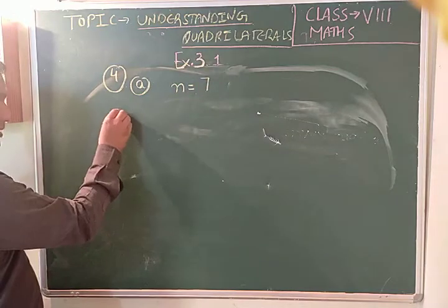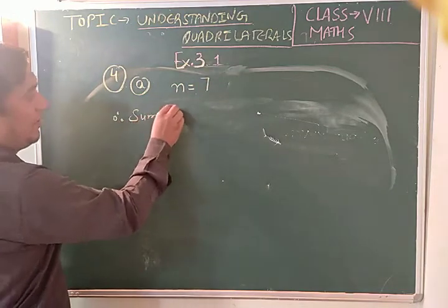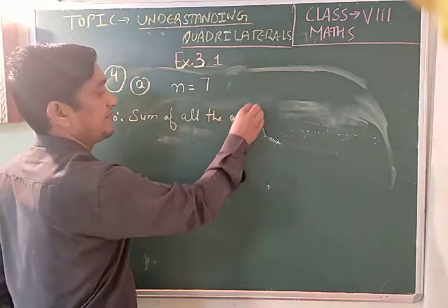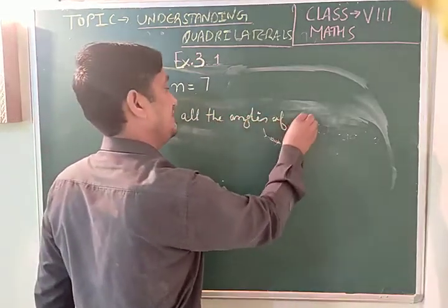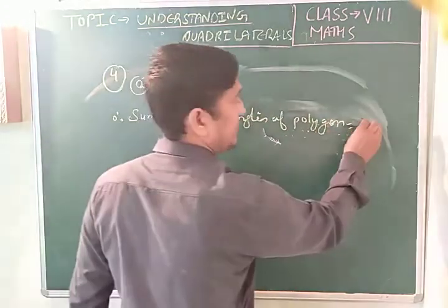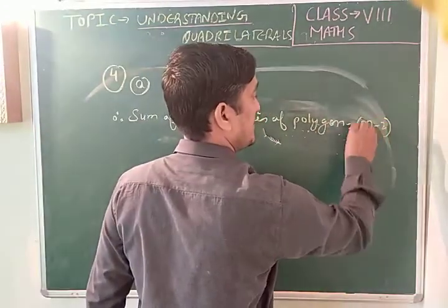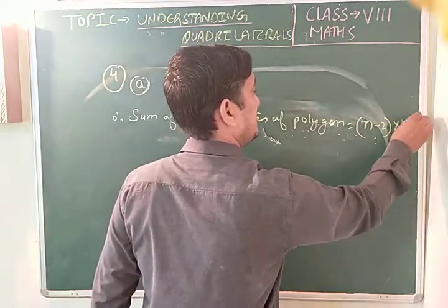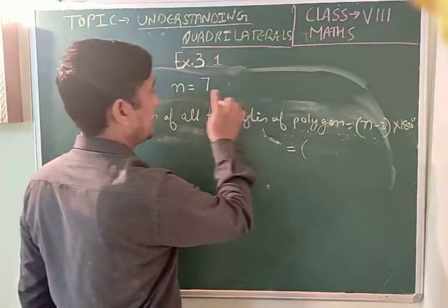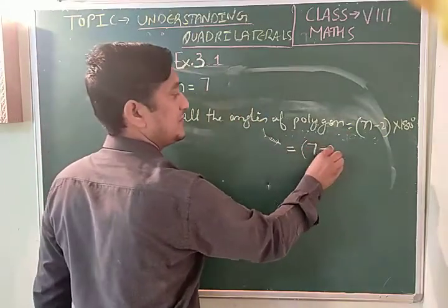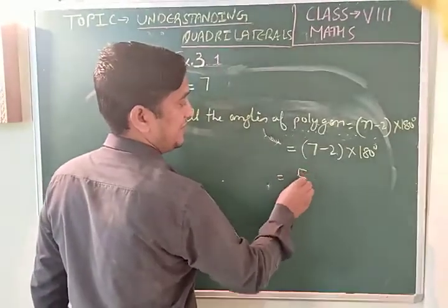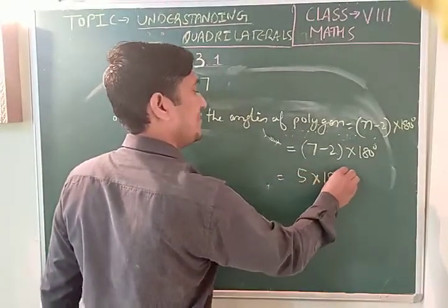So therefore, the sum of all the angles of a polygon having 7 sides is equal to, we know the formula, n minus 2 into 180 degrees. Now instead of n we can write 7 minus 2 into 180 degrees, 5 into 180 degrees.